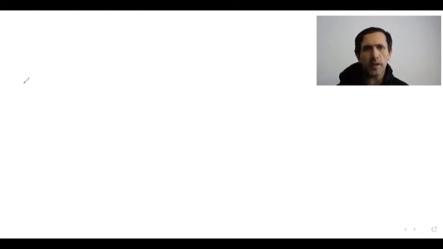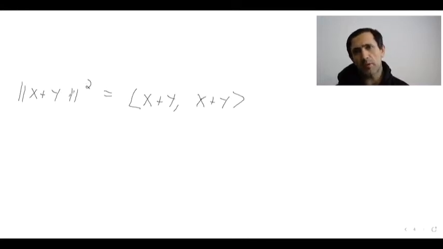So let's prove that the triangle inequality is true. We really just have to use the definition. So by definition, this is going to be (x plus y, x plus y), and it's much easier to work with norm squareds because they get rid of square roots.